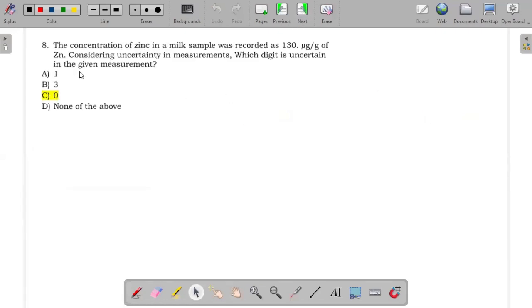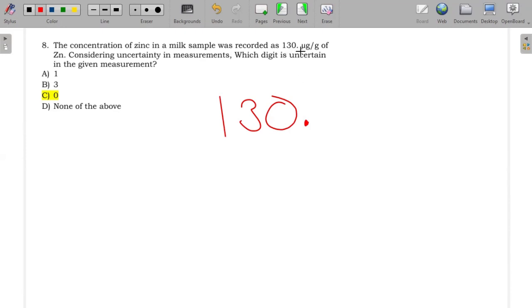Okay, next. I think this is similar now. The concentration of zinc in milk was recorded as 130 point. You can see there's a point there, so be careful as you read the questions. So here we are counting this 0 as significant, this 3 as significant, and this 1 as significant.